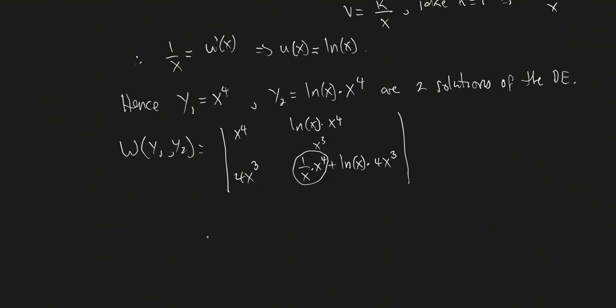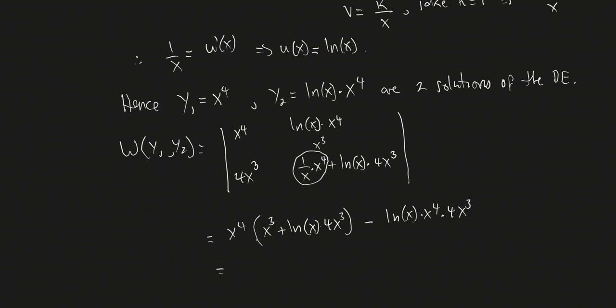So let's go ahead and compute the Wronskian. So we have to take x to the fourth and multiply the quantity x cubed plus the ln of x times 4x cubed, minus the ln of x times x to the fourth times 4x cubed. So what do we have here?